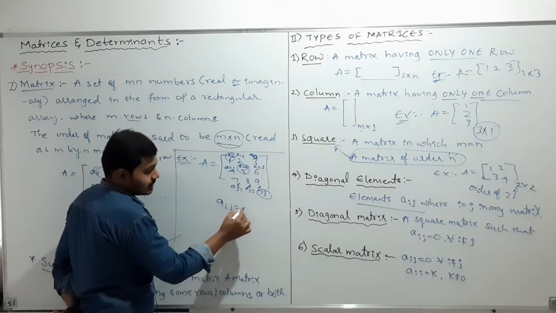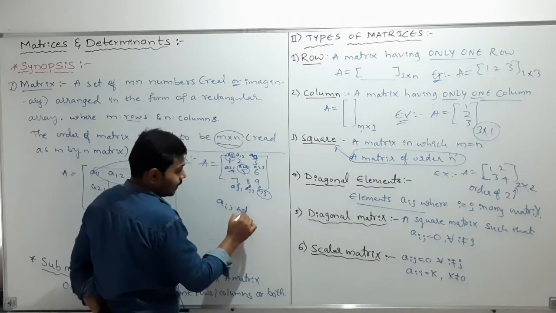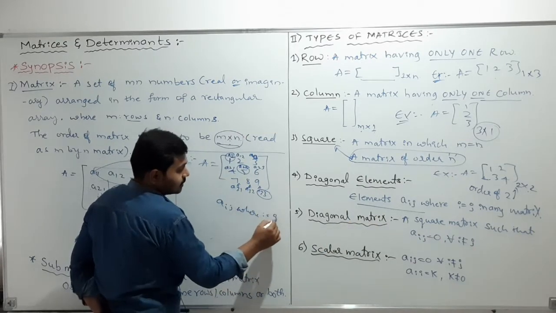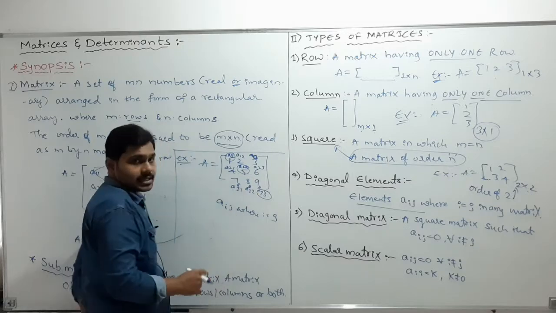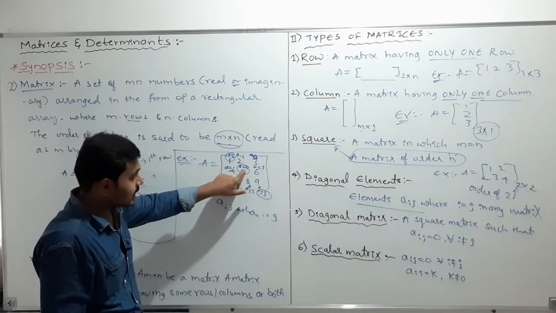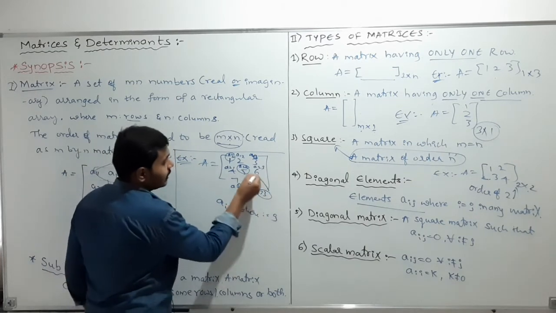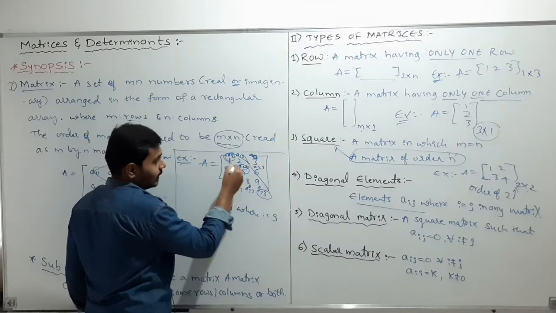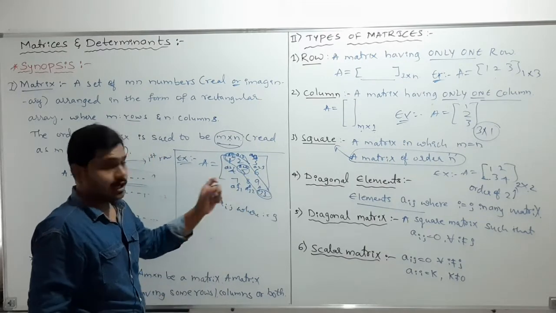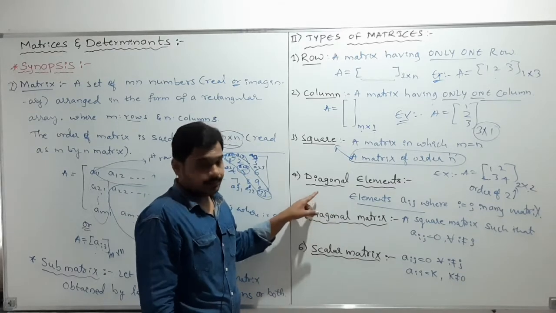What did they say? aij where i must be equal to j, meaning row and column should be the same. A11 means first row first column, both are the same. A22 second row second column, A33 third row third column. Clear? So therefore we call these diagonal elements. So this is all about diagonal elements.